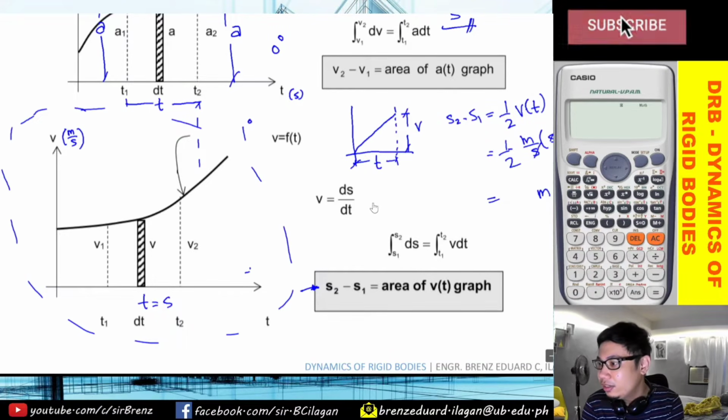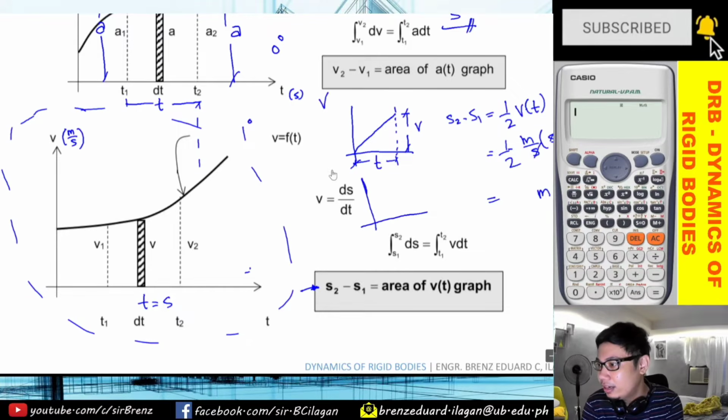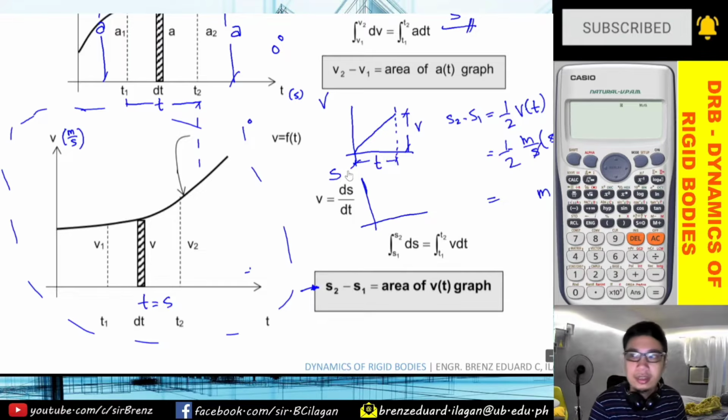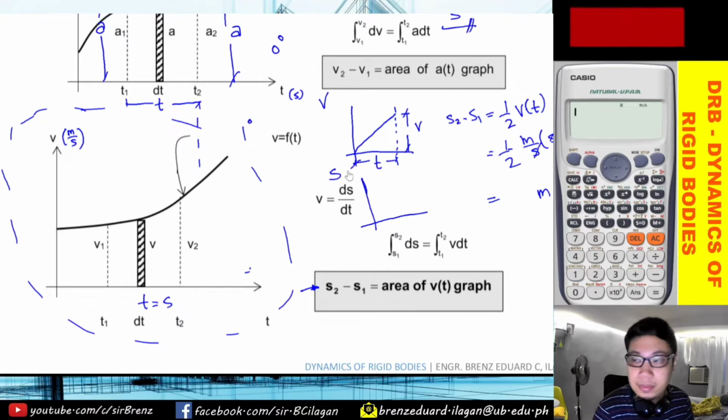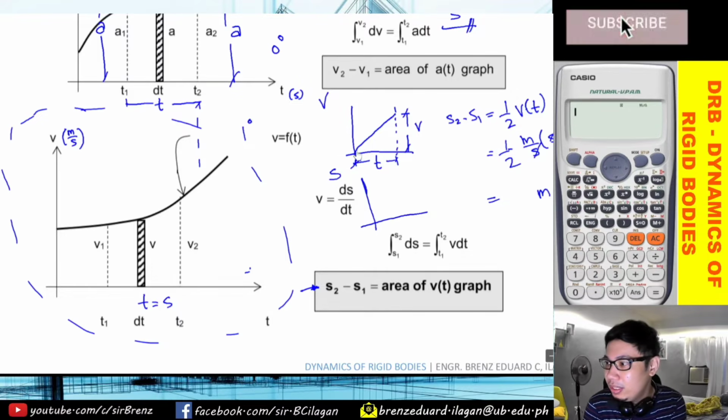So after nito, ano yung susunod nating diagram again? So di ba ito is velocity diagram. And then ito will be the displacement. So i-apply mo rin yung tinuro ko dyan sa inyo before sa deformable bodies na yung maximum minimum. So di ba between the preceding value, which of these two value is the maximum and minimum value? Disregarding the sign.